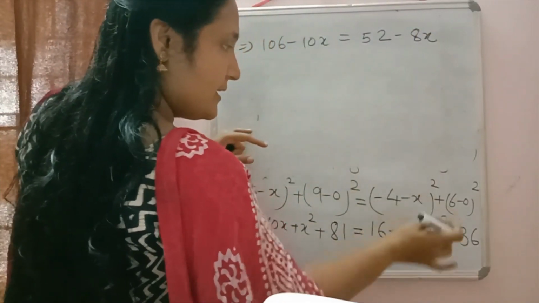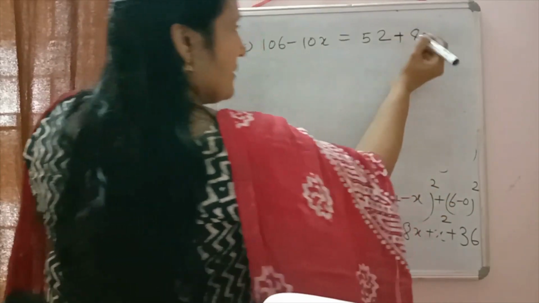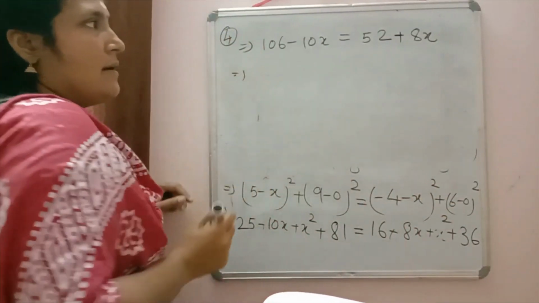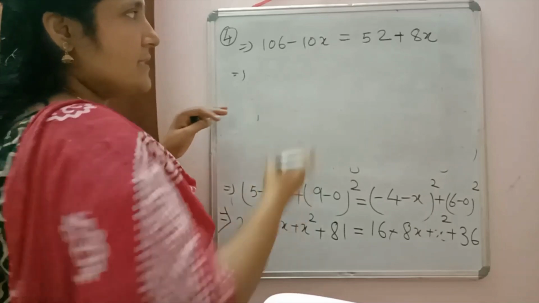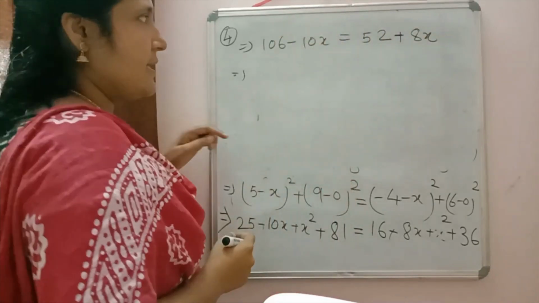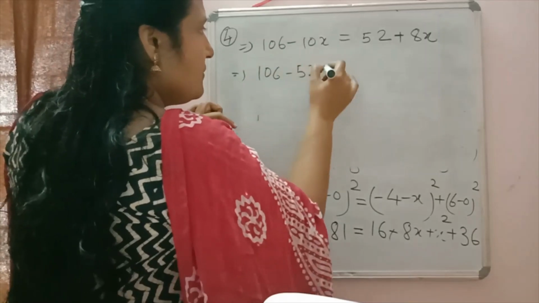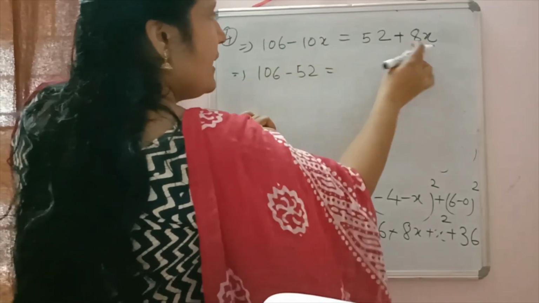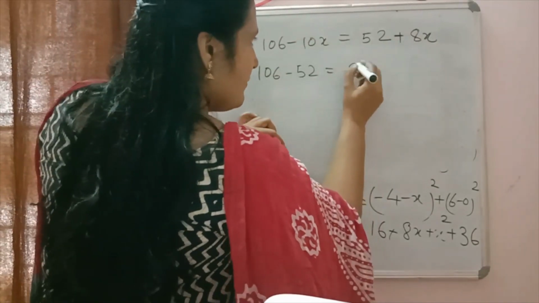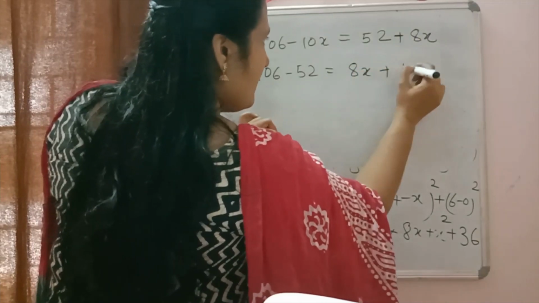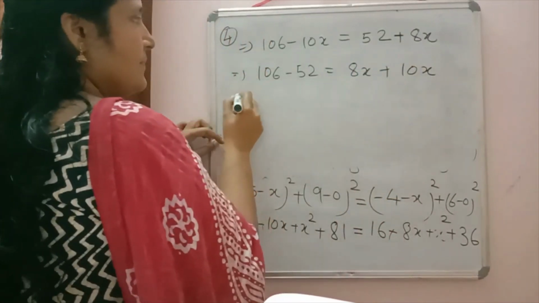We used the identity (a + b)². Now numbers we can shift to one side and variables to the other side. So 106 - 52 is equal to 8x - 10x.